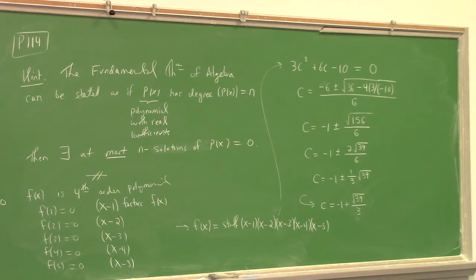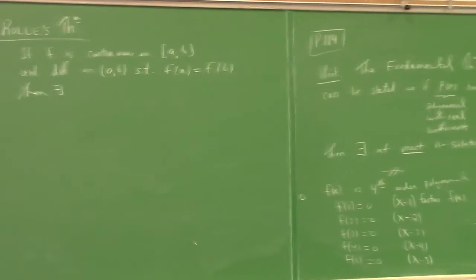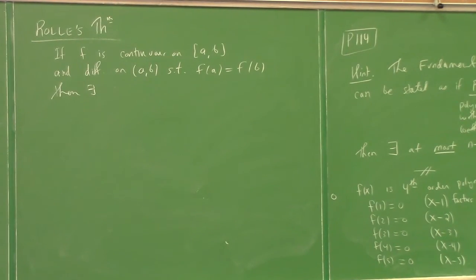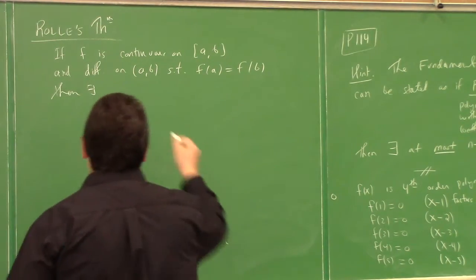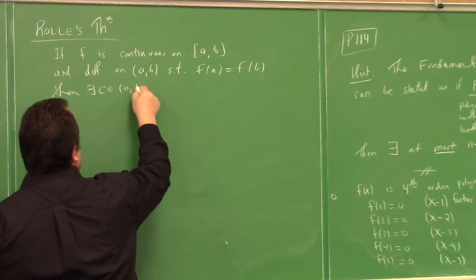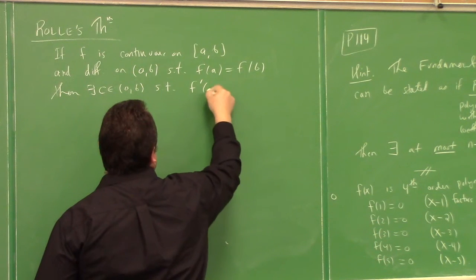Rolle's theorem says that if f is continuous on the closed interval from a to b and differentiable on the open interval from a to b such that f of a is equal to f of b, then there exists c in the open interval from a to b such that the derivative is equal to 0.